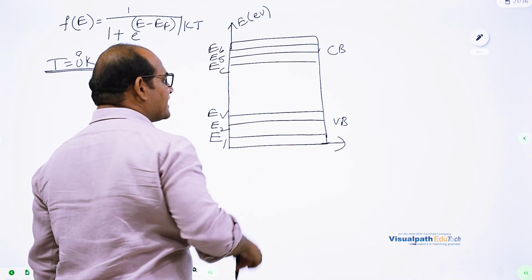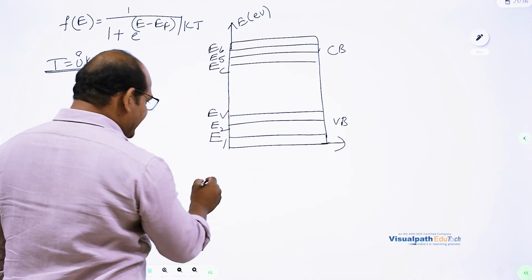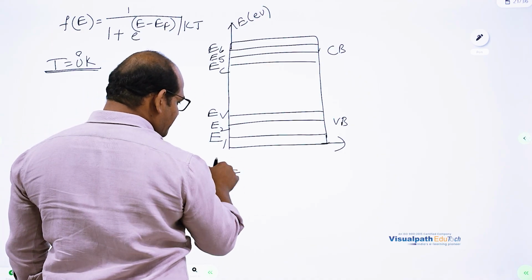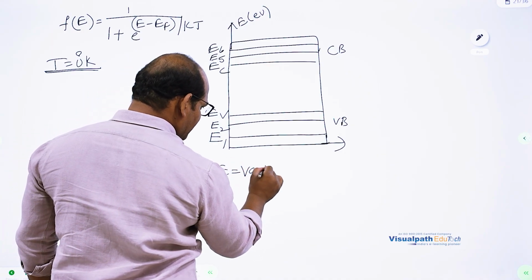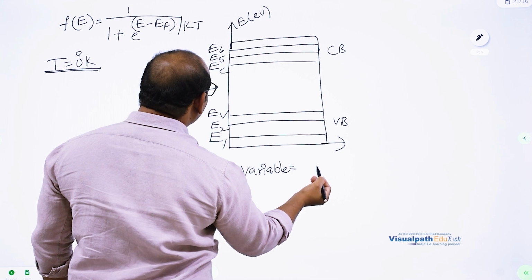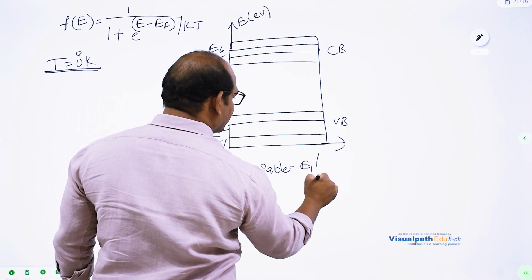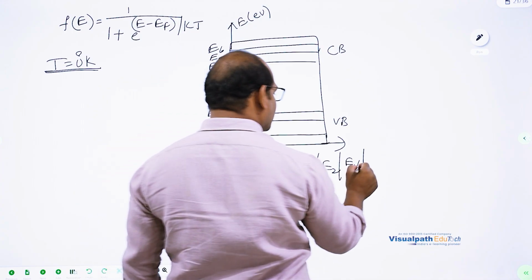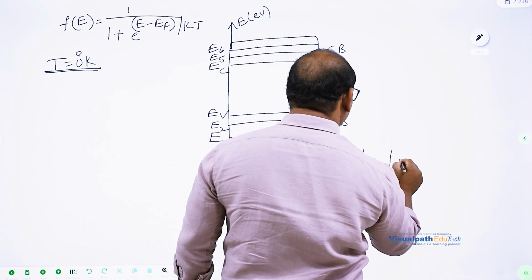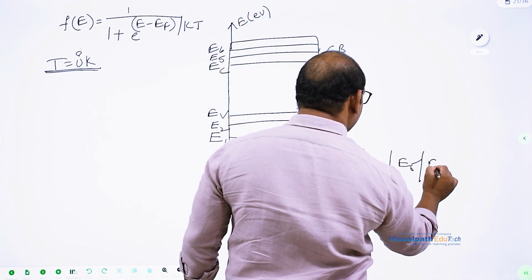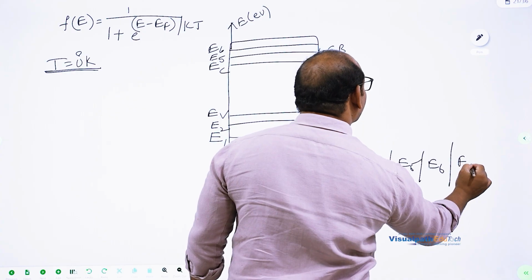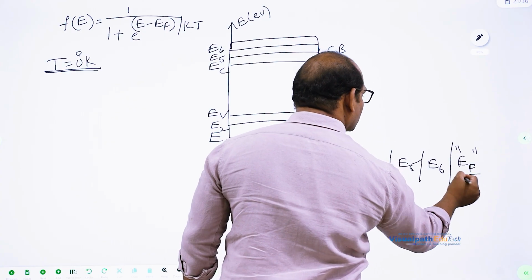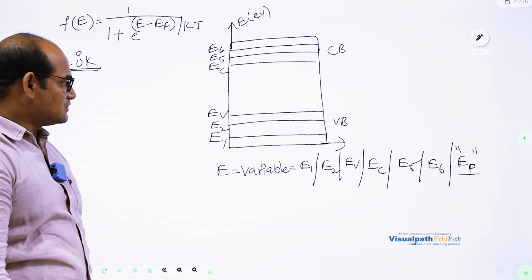Like this, certain energy levels I have taken. So your E can be anything. E is the variable. It can be E1, E2, EV, EC, E5, E6, or it can be EF also. Fermi energy level also. Anything.